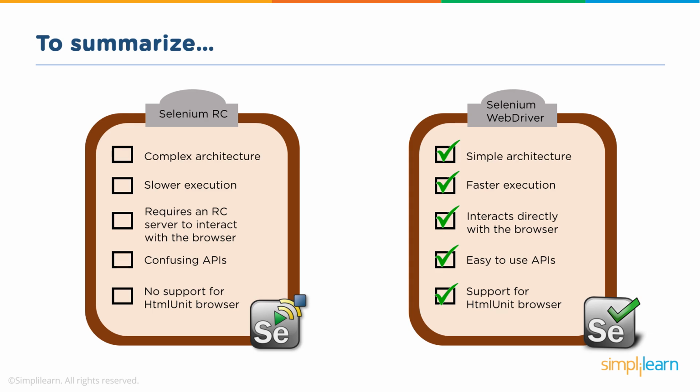RC requires an RC server to interact with the browser, whereas Selenium WebDriver interacts with the browser directly using the WebDrivers. Also, we saw the APIs which RC provides are pretty confusing, and with WebDriver we have much easier and simpler-to-use APIs. RC has no support for the HTMLUnit browser, which is a headless browser. Selenium WebDriver also provides support for the HTMLUnit browser.